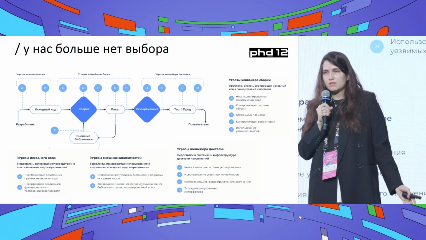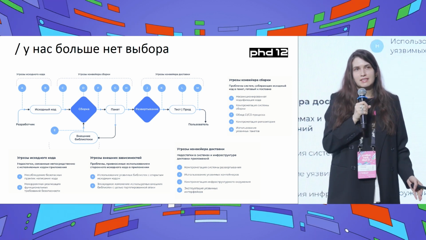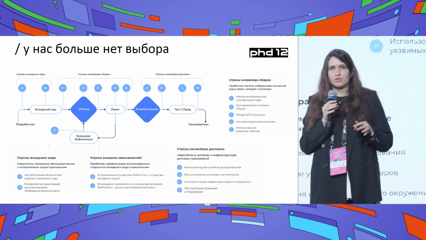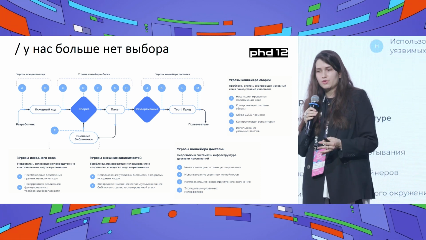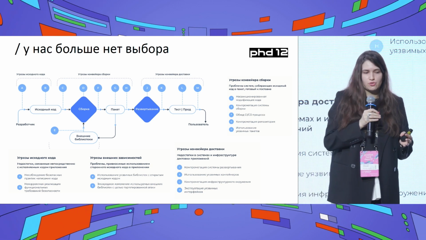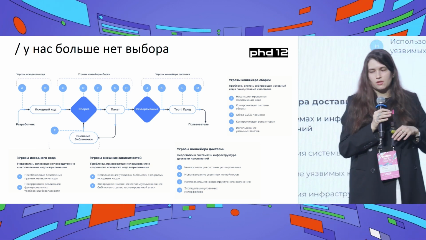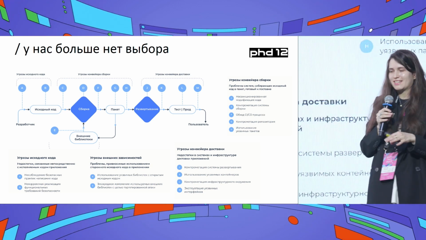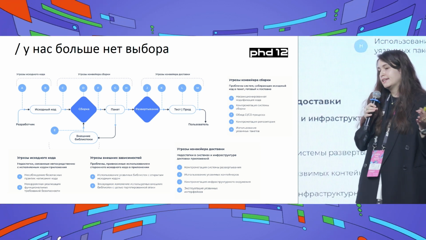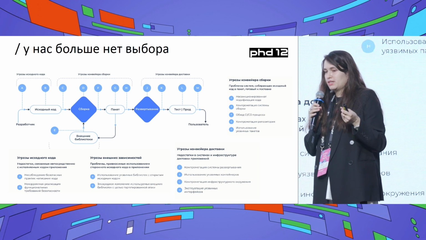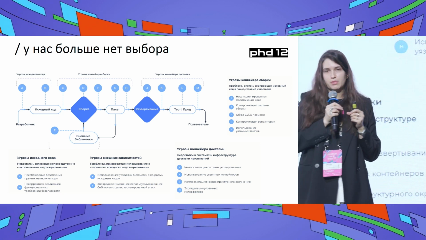And going back to my premise, essentially, we don't have a choice of whether we want to do DevSecOps or not. It's either we do it well or we do it just somehow. And the point is that vulnerabilities are growing in number, and maybe as we speak, some other exploits are being created.